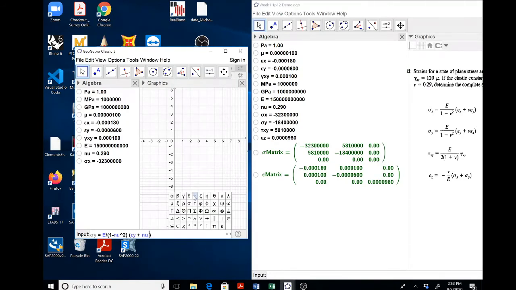So the Poisson effect is on the transverse axis. And then tau xy, of course, is blah, blah, blah. Epsilon z is blah, blah, blah.